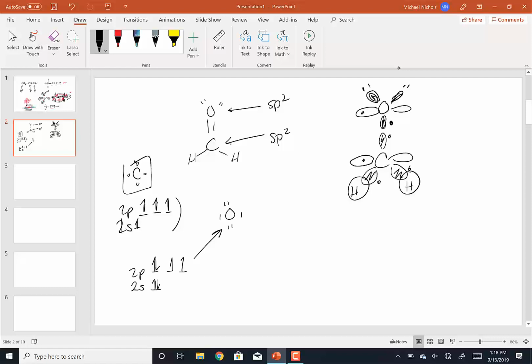So the hybridization for oxygen and carbon look exactly the same. The orbitals look exactly the same. What's different is the number of electrons I'm putting in there, because oxygen gets 6 valence electrons and carbon only gets 4.